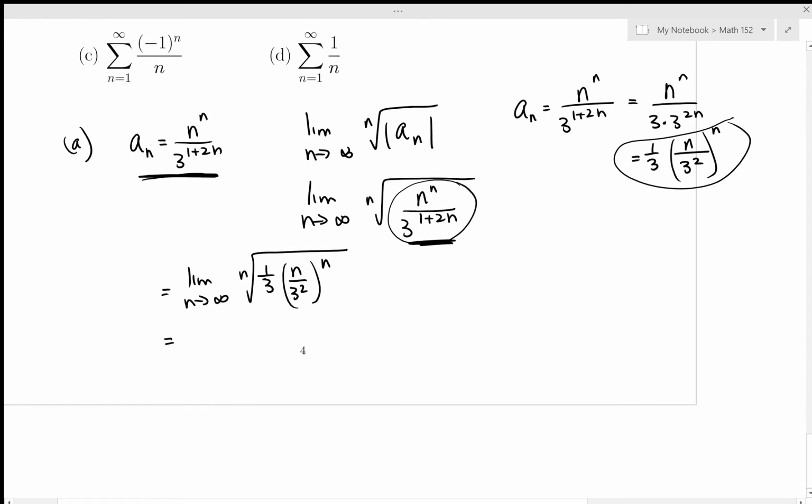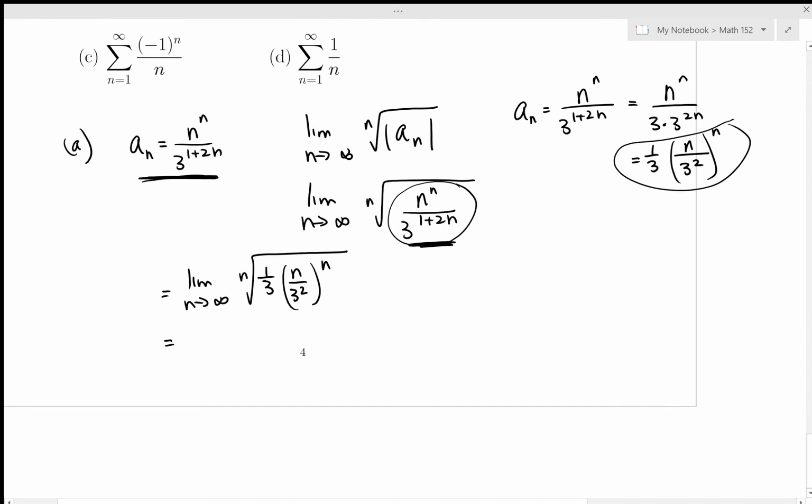I take that nth root and I get the limit as n goes to infinity of 1 over the nth root of 3, times n over 3 squared, because the nth root of n over 3 squared to the n is n over 3 squared. Then I'm just going to take a careful look at this limit.